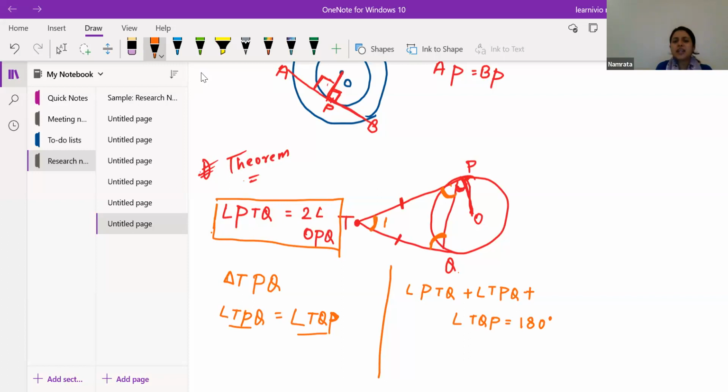So theta plus angle TPQ plus again I am going to write TQP as angle TPQ only.